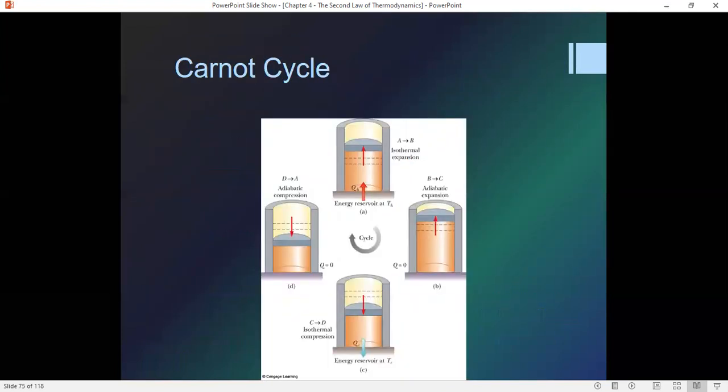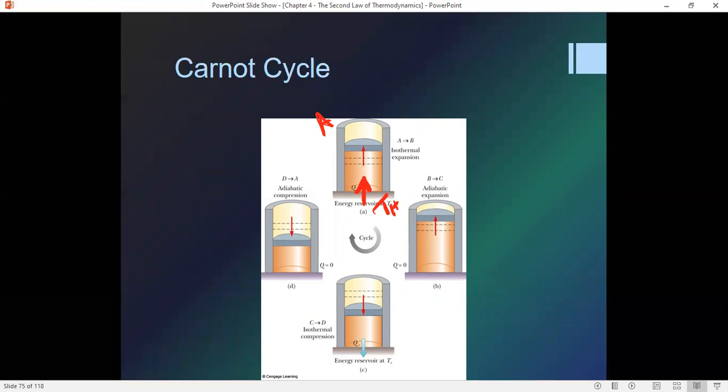And again, this is what it looks like if you could do it. Here would be the isothermal expansion, part A. We'd have it in contact with some energy reservoir at temperature TH, so heat would naturally flow into the gas during the isothermal expansion.